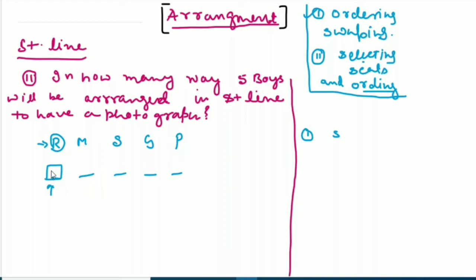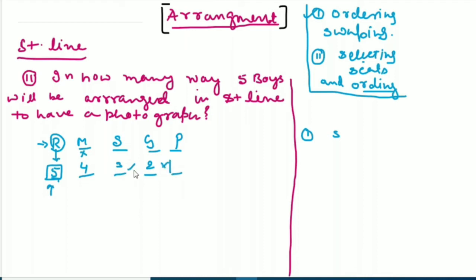So there is no problem at all here. So this chair will be occupied in five different ways. Now let's say I block this chair with Ramesh, one of the members has already occupied this chair. So for the next chair, I don't have five options. We have only four options. Let's say I have blocked here Mohit. Then we again have only three options, followed by two options and followed by one option.